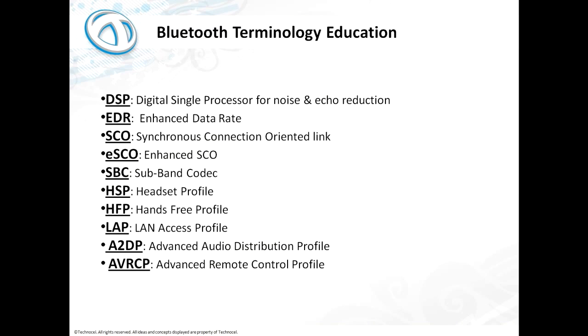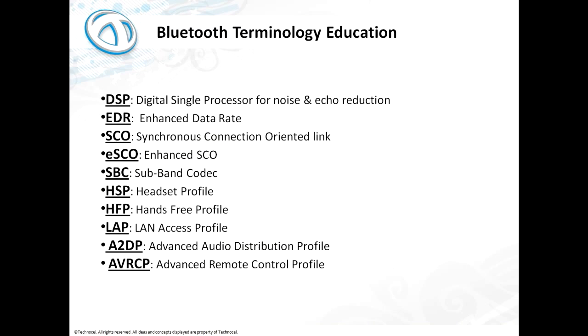A Bluetooth that doesn't have DSP is going to primarily be a mono Bluetooth with no noise cancellation or noise reduction, and that's going to be your lower price point. As you can see, as we go through the terms, a lot of your mid-range and higher-end models are going to have more of these features versus some of your lower-end Bluetooths.